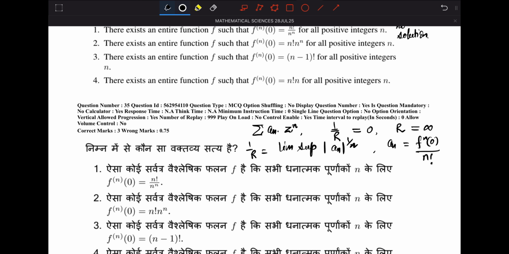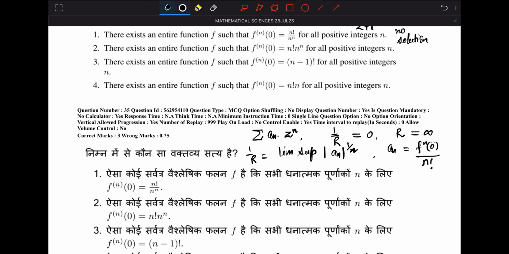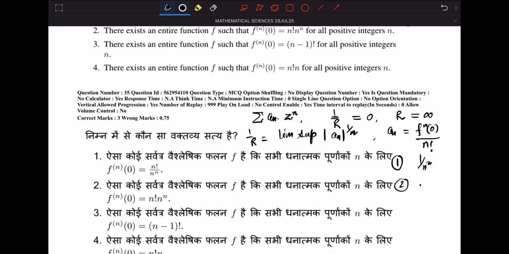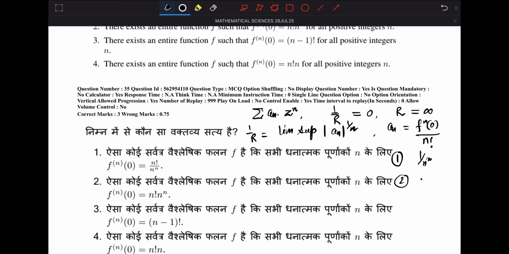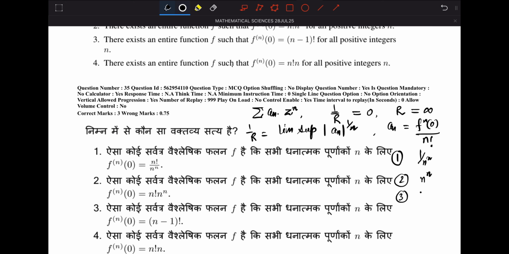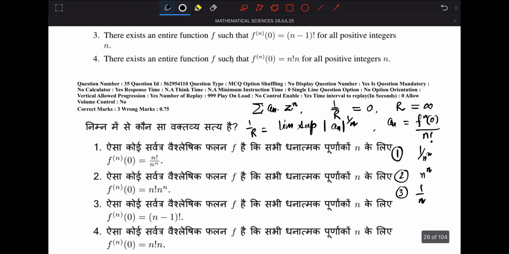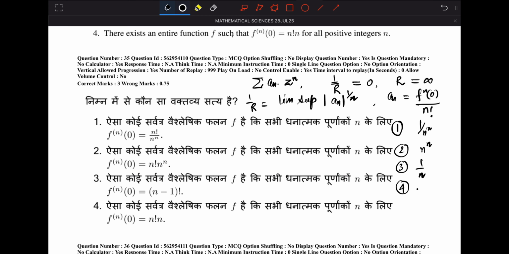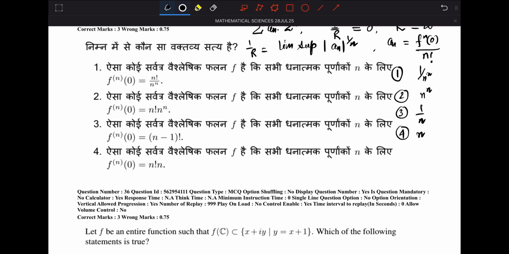Calculating this: in the first case, f^(n)(0) by n factorial is 1 by n to the power n. For the second, it is n to the power n. For the third, it is 1 by n. And for the fourth, it is n. So let us calculate the lim sups in all cases.